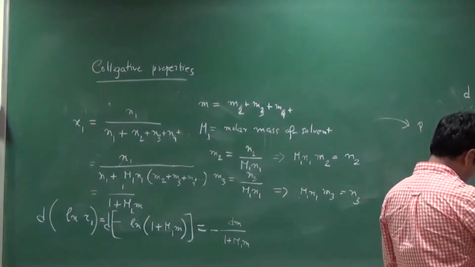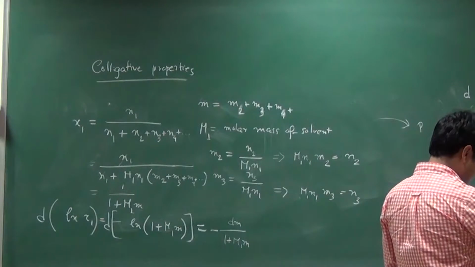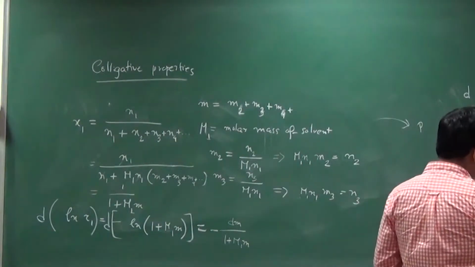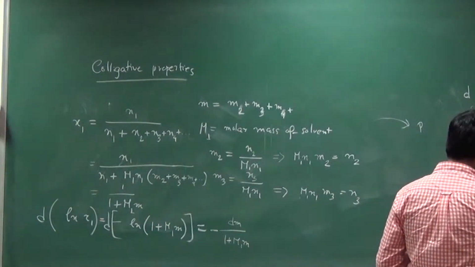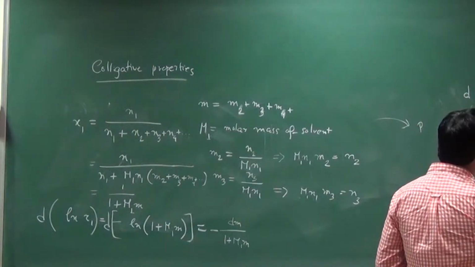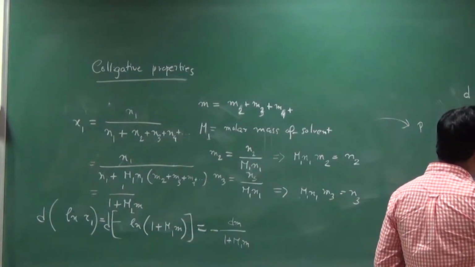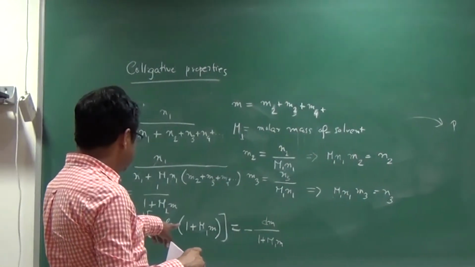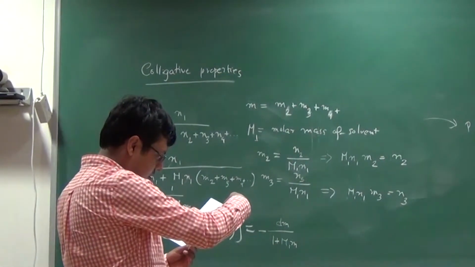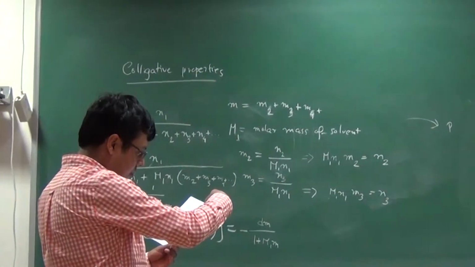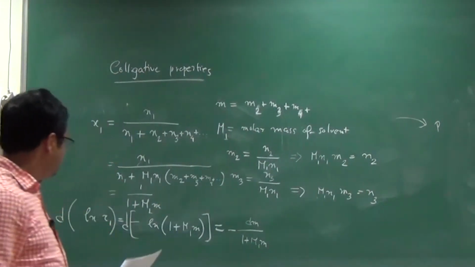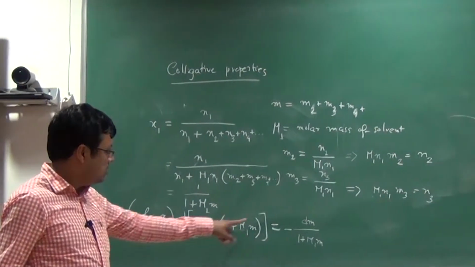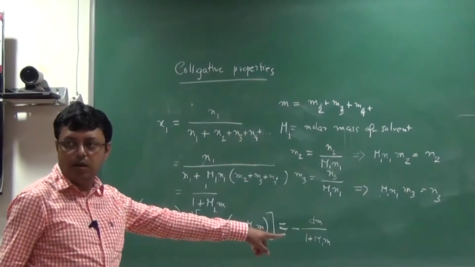Let's just have a look here. When I take the derivative, it is 1 over 1 plus m1 m.